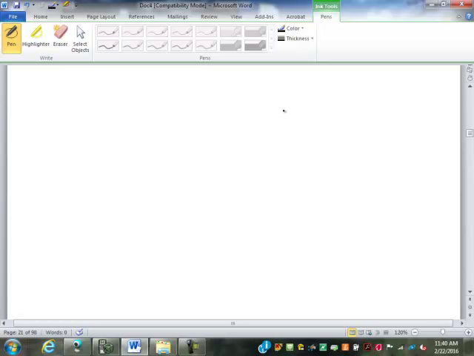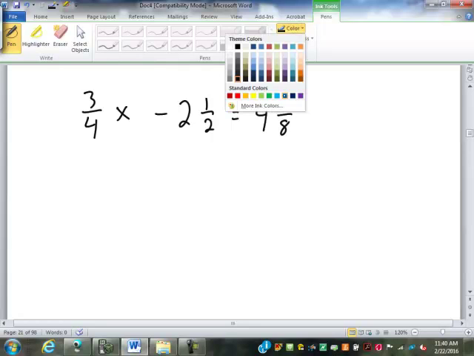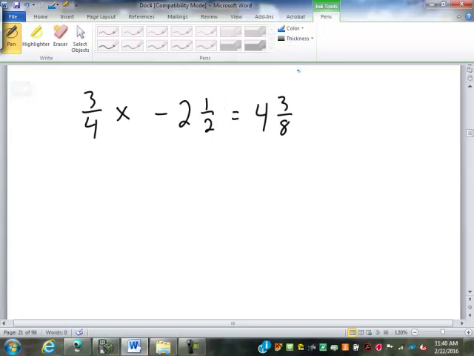But it often confuses people when we change it to look something like this. Three-fourths x minus 2 1/2 equals 4 3/8. And looking at this, it looks a lot more complex.